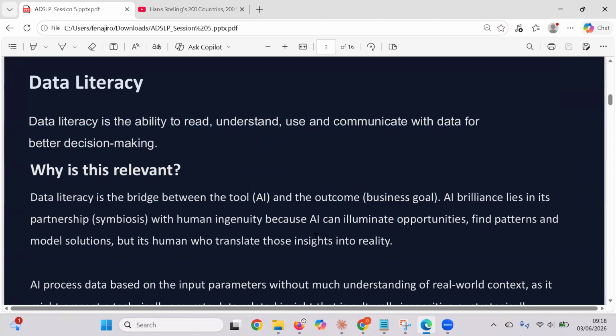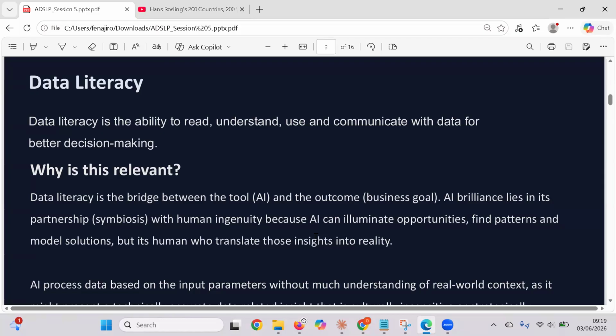This brings us to our first slide, which is data literacy. Data literacy is the ability to read data, understand data, and communicate with data for better decision making. Why is this relevant?